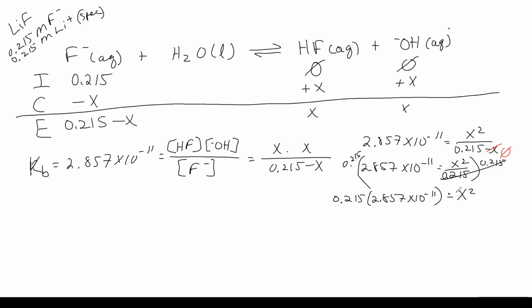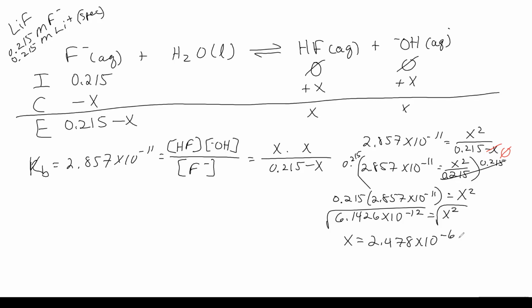Let's do that multiplication. And so we're going to end up with 6.1426 times 10 to the negative 12 equals x squared. Take the square root of both sides, and we end up with x equals 2.478 times 10 to the negative 6.